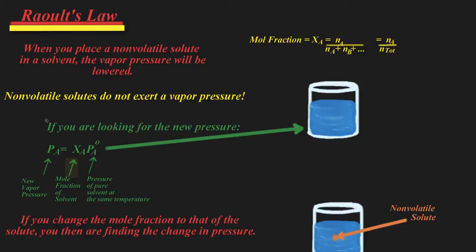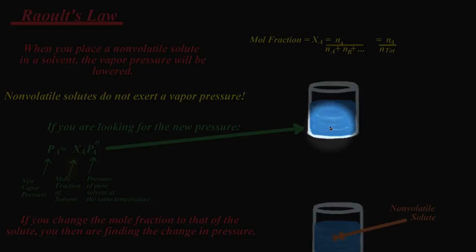Today we're going to be looking at the concept of Raoult's law. What is Raoult's law? Well, Raoult's law has to do with the fact that whenever you have a pure solvent that has a known vapor pressure at a specific temperature, and you add a non-volatile solute to it, the solvent begins to interact with the solute, thereby decreasing the entropy, thereby decreasing the amount of molecules that go from a liquid to a gas phase.